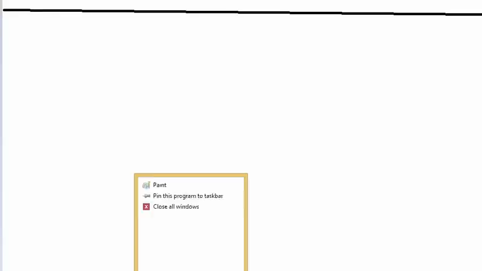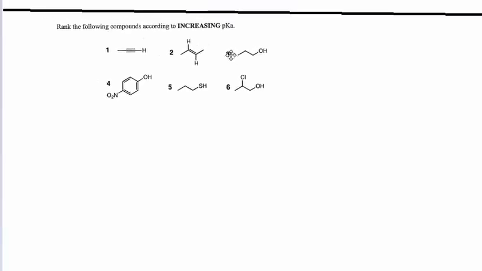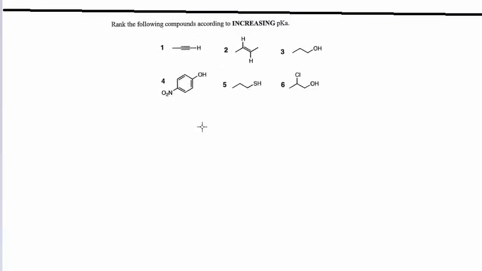Okay, this last problem is sort of a challenge problem. If you're in Organic 1, you might not know enough about some things to be able to do this too well, but it's worth giving it a shot. We're going to be ranking these in regards to increasing pKa.